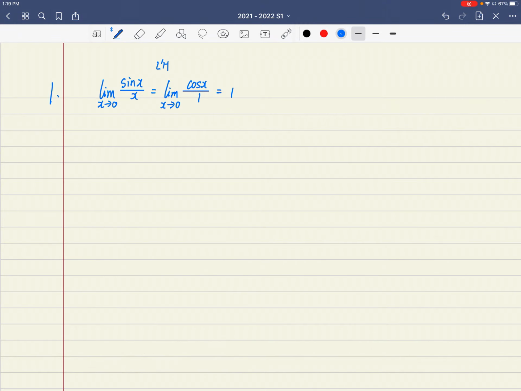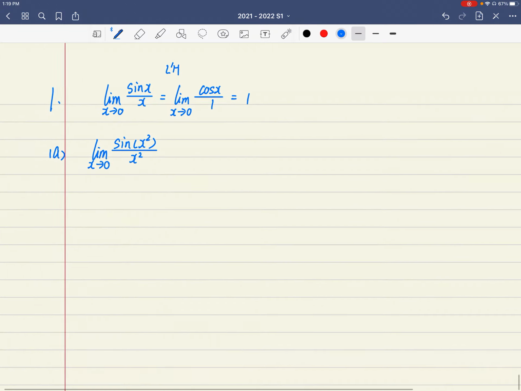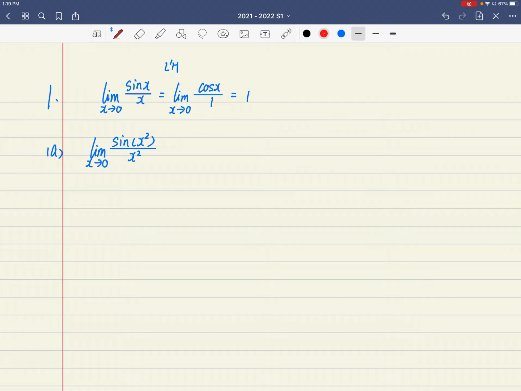Suppose you already know the limit of sine x over x is 1 when x is approaching 0. Then, for example, find the limit of sine x squared over x squared. Here you can use substitution. You can let t be x squared.